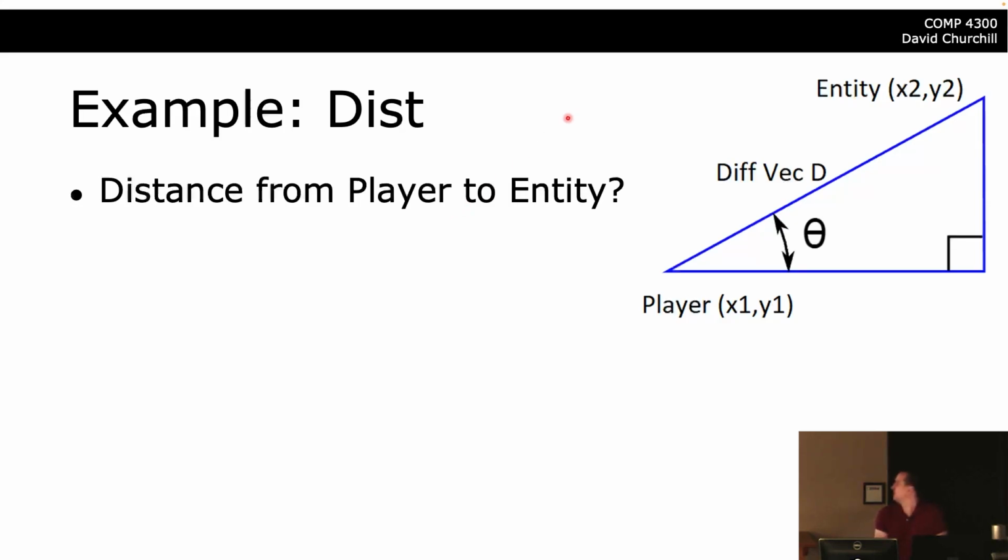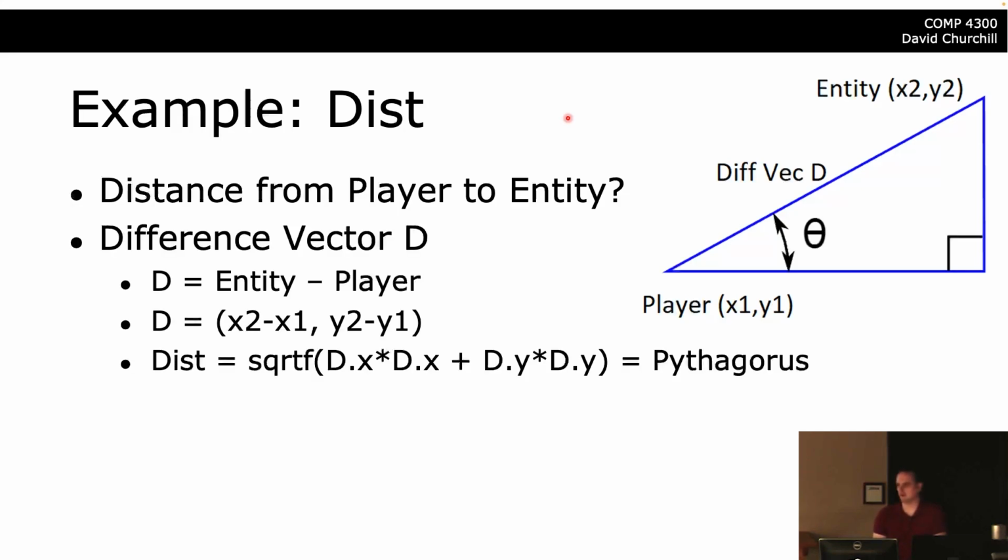Well, hopefully, given 2 points, you should all be able to calculate the distance. That's just Pythagoras, right? So the distance, d, again, destination minus origin. So we have the entity x2 minus x1, y2 minus y1.